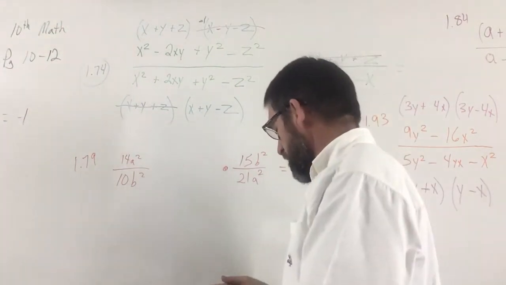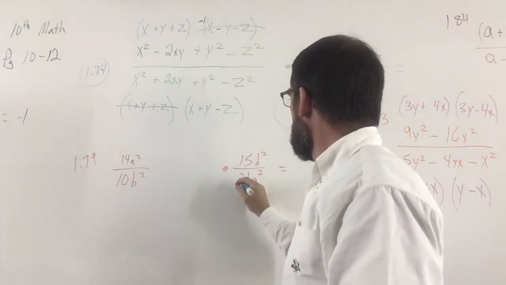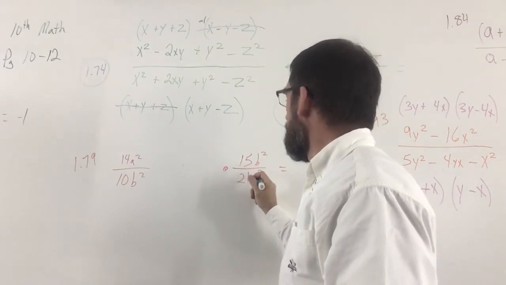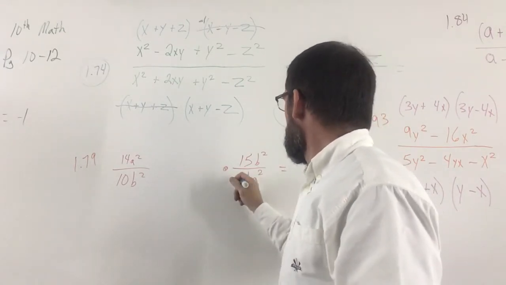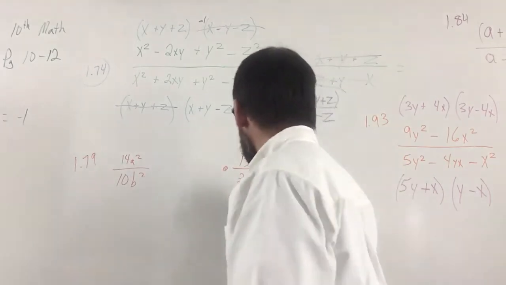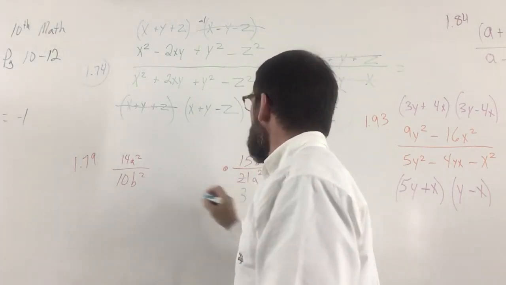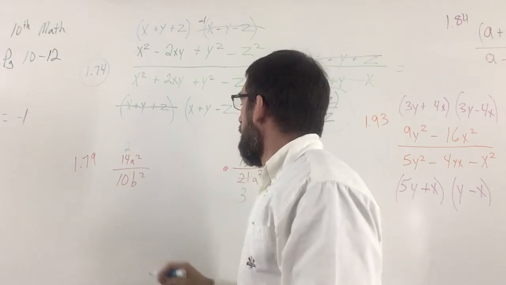Okay, I can cancel out here on this guy. I can cancel a squared, so I can cancel this here. If I do 7, this would be a 3 and this would be a 2.